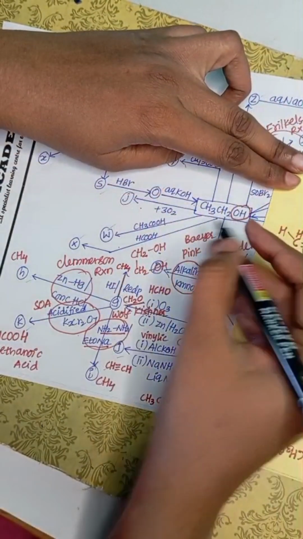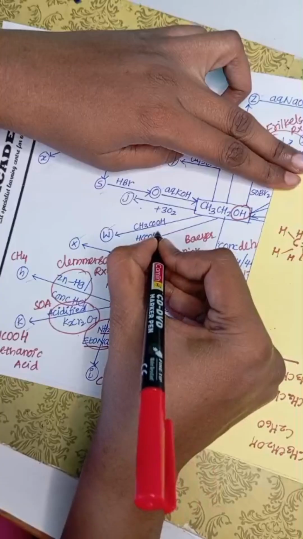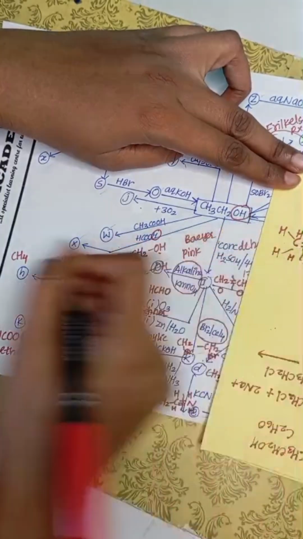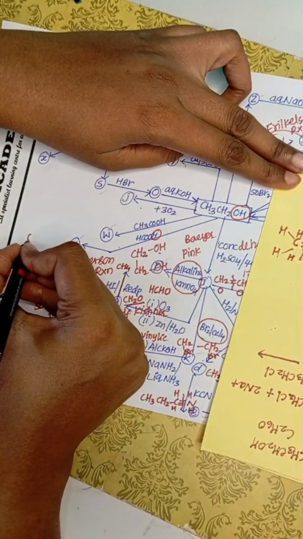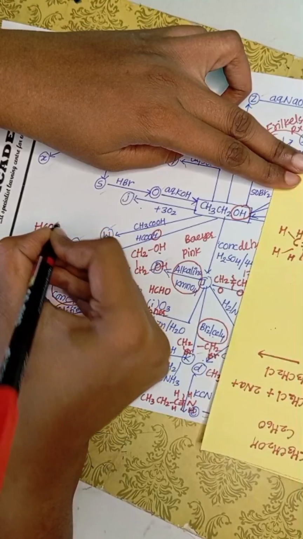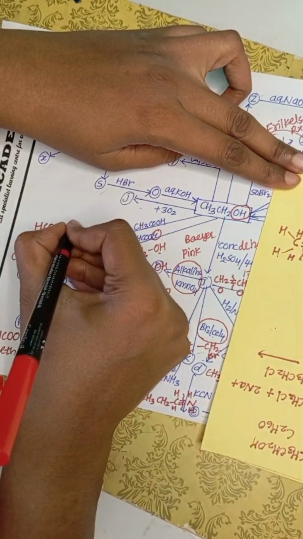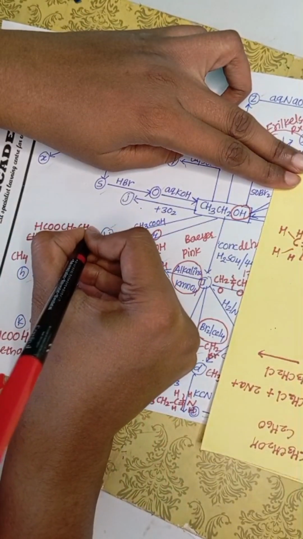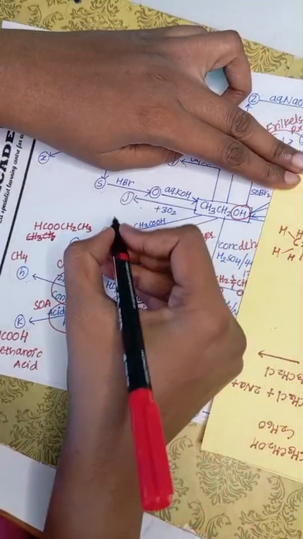Whenever ethyl alcohol is treated with methanoic acid, it undergoes esterification and forms ethyl methanoate.